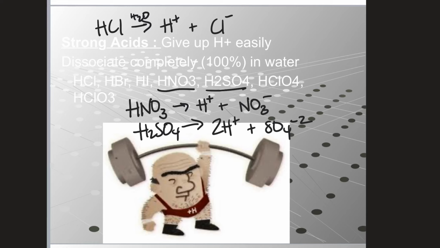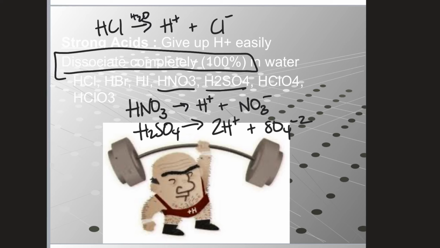That's what we mean by it's going to dissociate completely, 100%. It's going to break apart, much like how certain salts, when they dissolve in water, break up into their respective ions. It's the same thing with strong acids. It's going to break up into its respective ions.